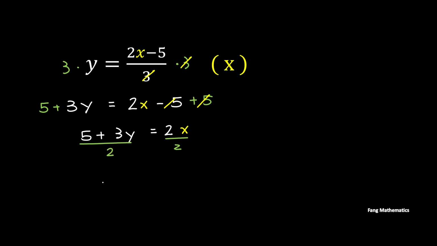On the left-hand side, you have this expression, 5 plus 3y over 2, is equal to the right-hand side. On the right, the multiply 2 and divide by 2 get cancelled, leaving you the x.